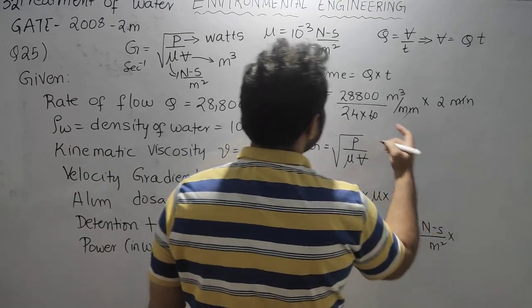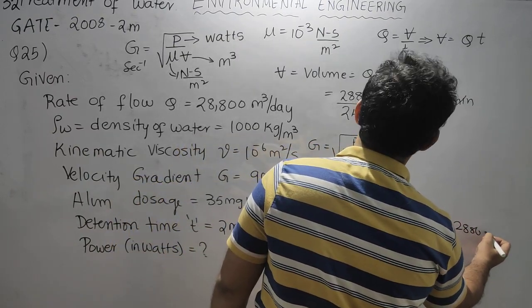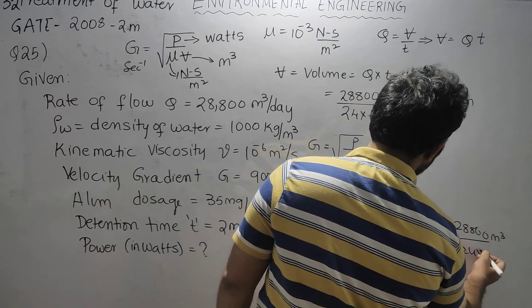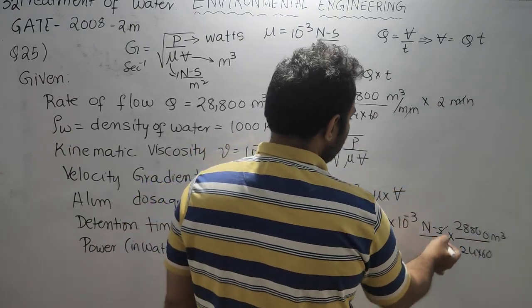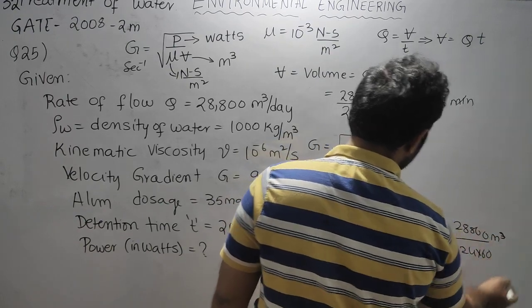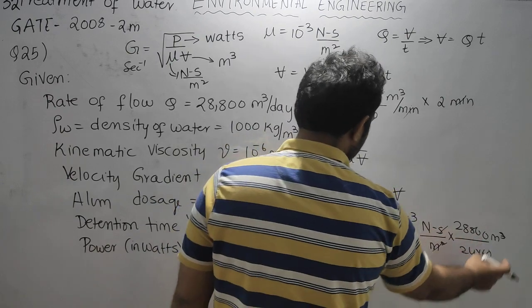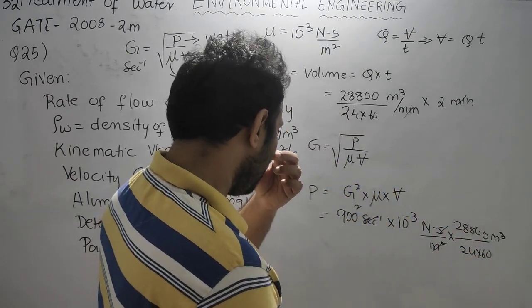And volume, this one, 28,800 meter cube, 24 into 60. So meter cube and meter square, the meter 3 is cancelled, one meter is left, so Newton meter.